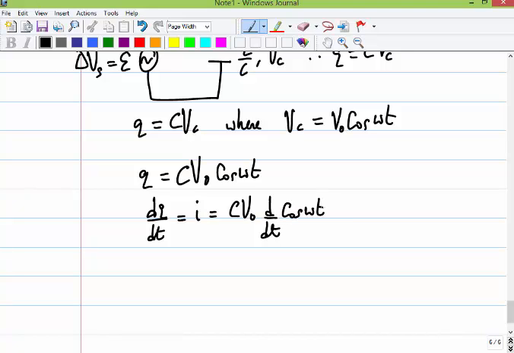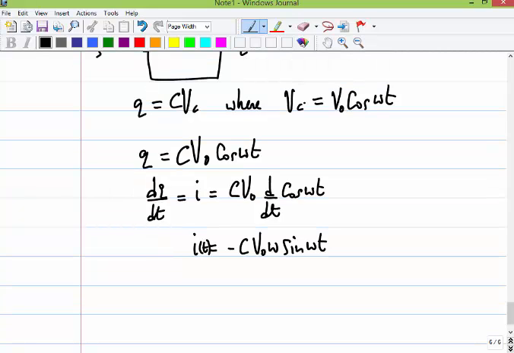Remember this is a current which is a function of time. I of t is then equal to the derivative of cosine, which has a negative sign, so minus C V naught omega sine omega t. So we have I of t equals minus C V naught omega sine omega t.